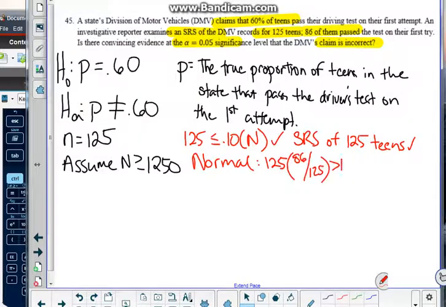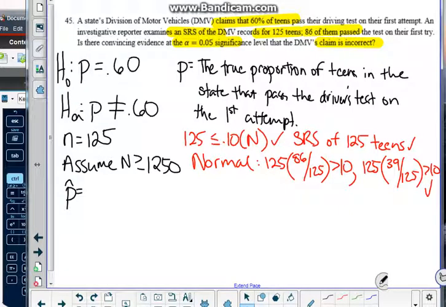That is indeed greater than 10, as is the N times 1 minus P. 125 times 39 out of 125. That's greater than 10. You can write out these fractions as decimals if you want. I just went ahead and did them as fractions. It's not a big deal. Your choice.